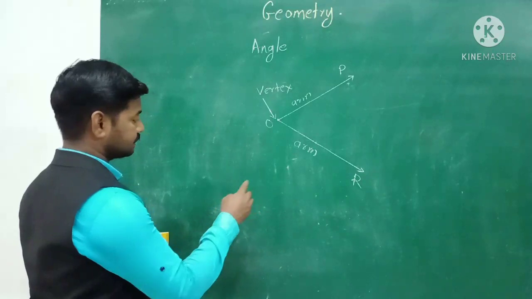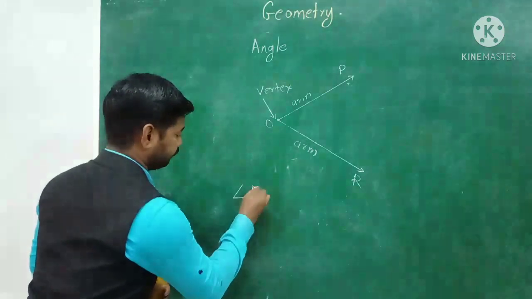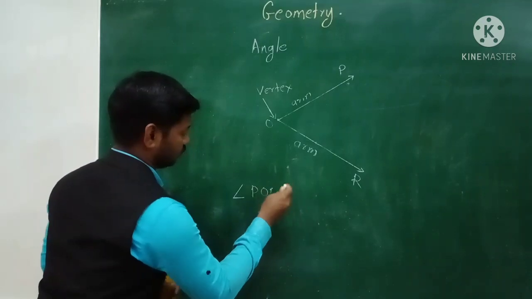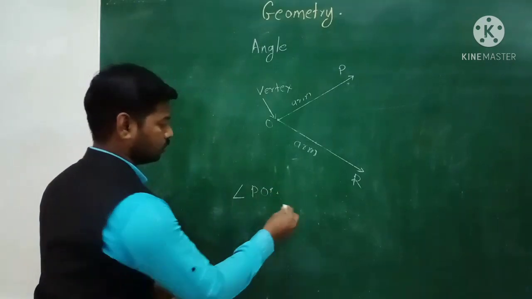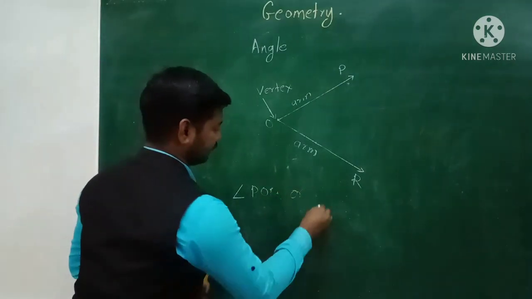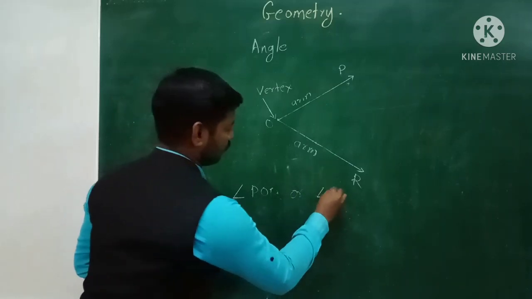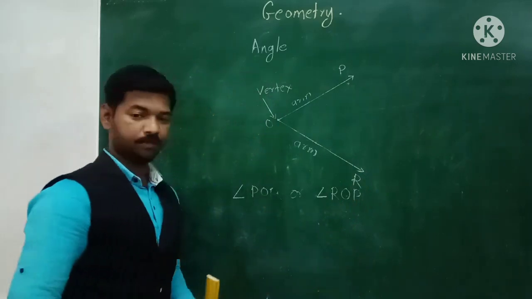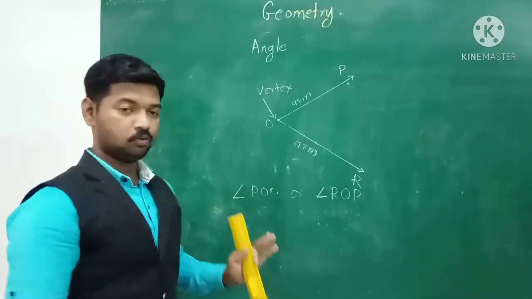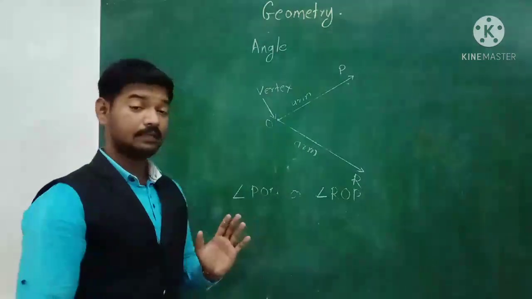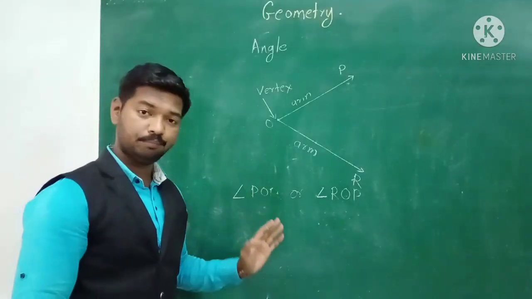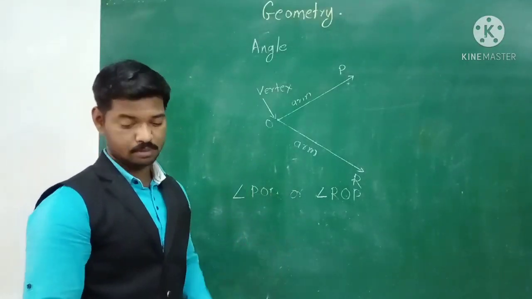So we can write angle POR, or we can write angle ROP. Keep in your mind, the letter denoting the vertex is always written in the middle. Understood?